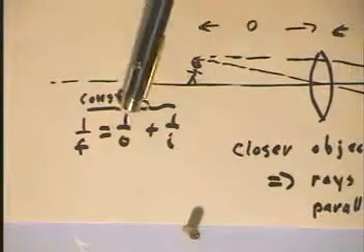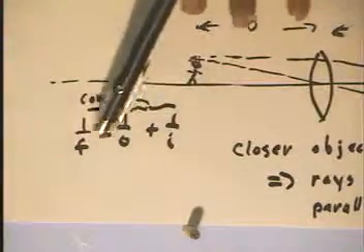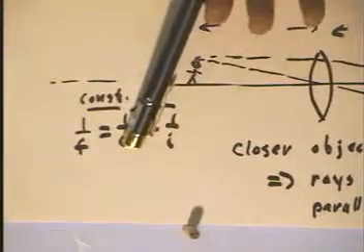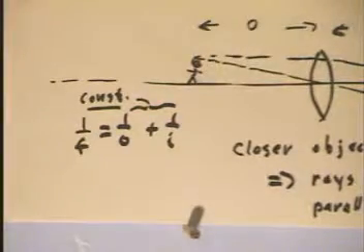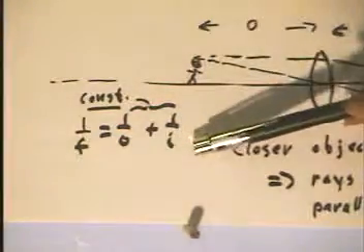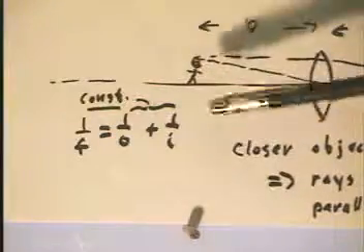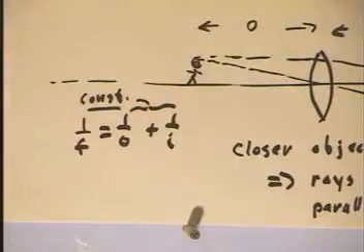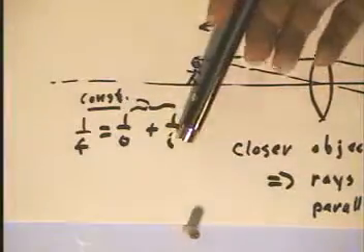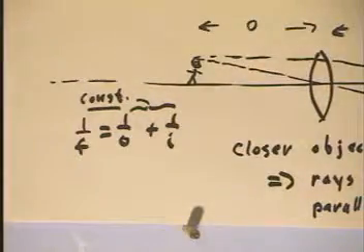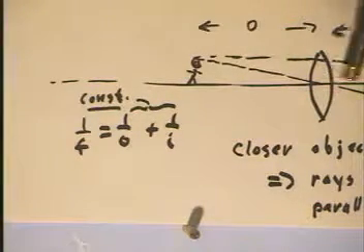Now, if the object distance was equal to the focal distance, you'd have 1 over f equals 1 over f, and that's it right there. 1 over I would have to be 0, which means that I would have to be awfully large, because when you divide 1 by a very large number, you get something close to 0. So as the object distance approaches the focal length, the image distance increases without bound. It approaches infinity, which is exactly what we see by tracing the rays.